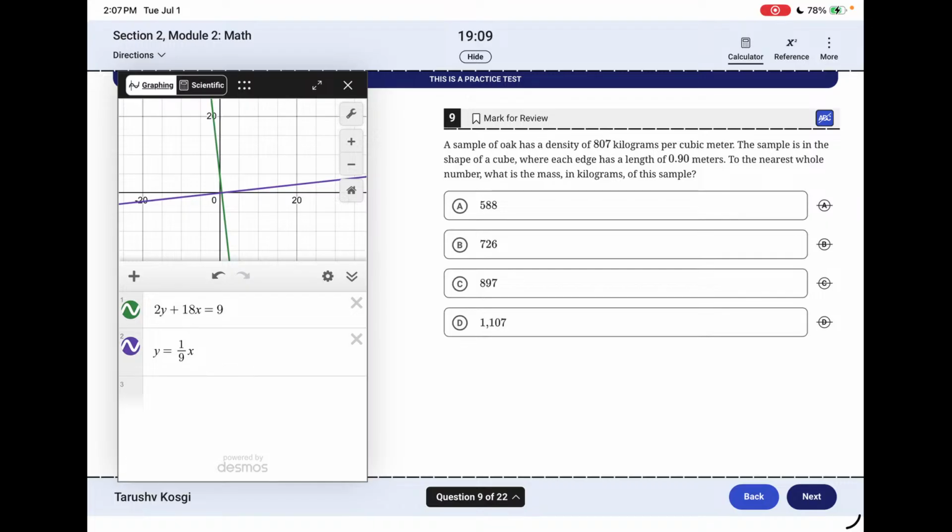A sample of oak has a density of 807 kilograms per cubic meter. The sample is in the shape of a cube where each edge has a length of 0.90 meters. To the nearest whole number, what is the mass in kilograms of this sample?